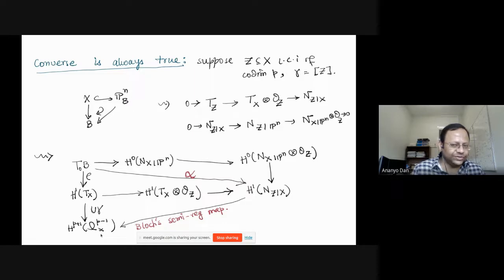That means if the geometric obstruction vanishes, so does the topological obstruction. But not the other way around.